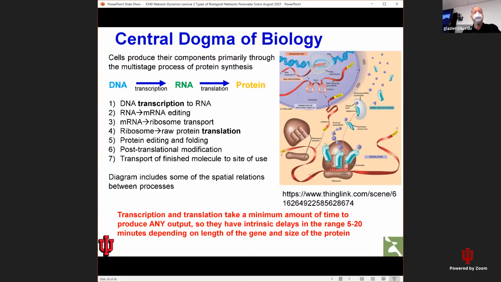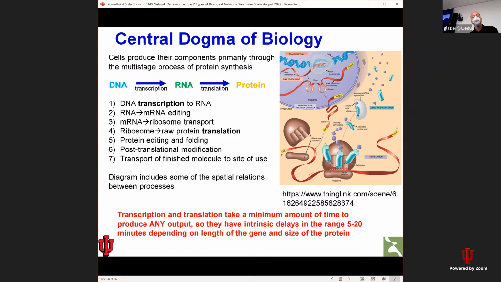Now we're going to move on from there to gene regulatory networks. I'm a little behind, so I should probably speed up a little bit. The central dogma of biology, which I hope everybody knows, if you don't, that's fine, is that you start out with DNA, and DNA is a sequence of bases that specify in 4 letters the genetic code.